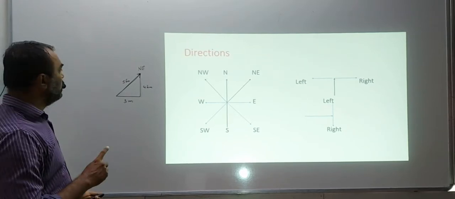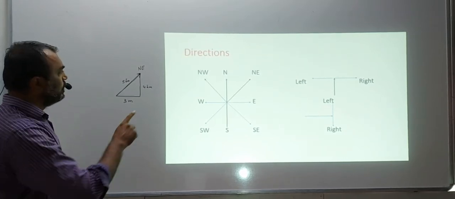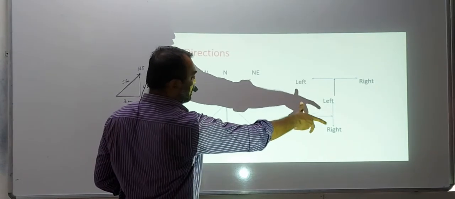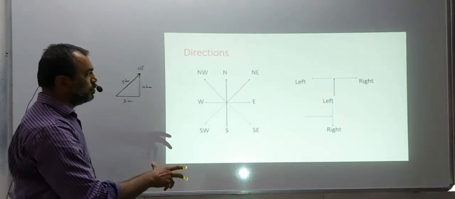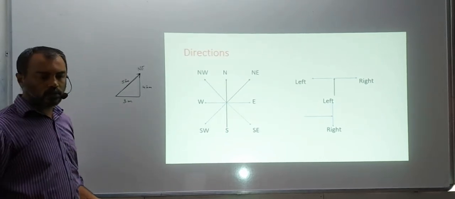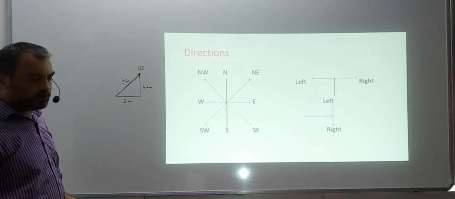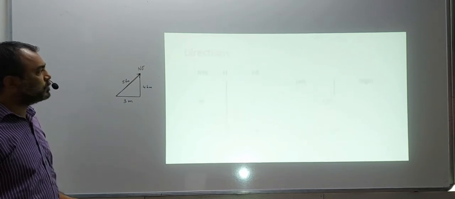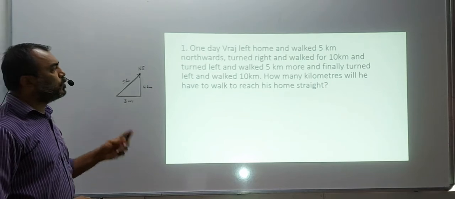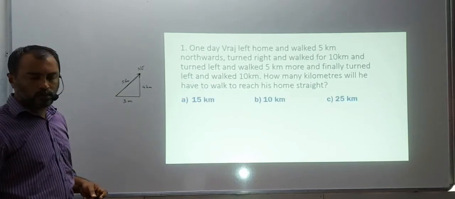What two things do you need? You will need the idea of the directions, the idea of the left and right, and also the Pythagoras theorem. So we'll start. For the first question, I am not going to help you out right now.